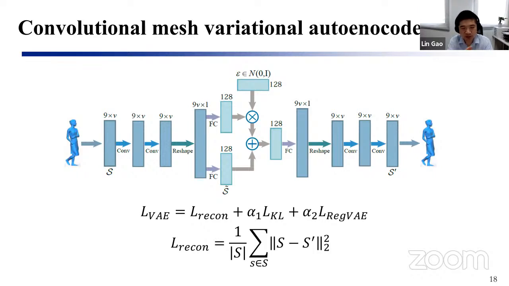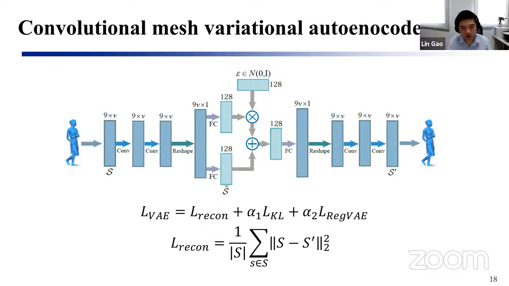So here is the architecture. Given the 3D model, we use the deformation representation we just talked about before to calculate the deformation representation, and then we use the convolutional layer to do the convolution on the mesh model.